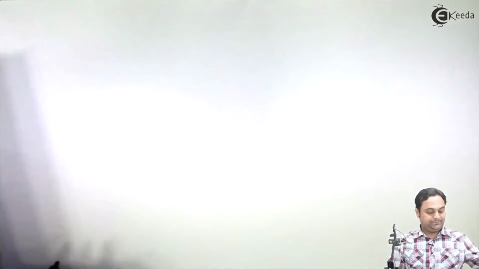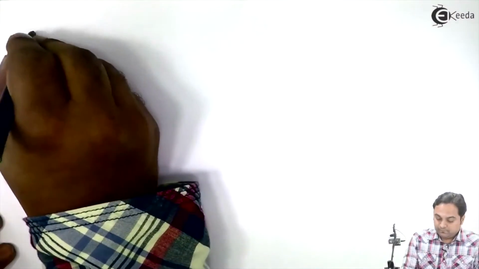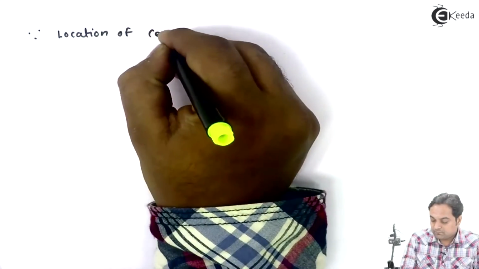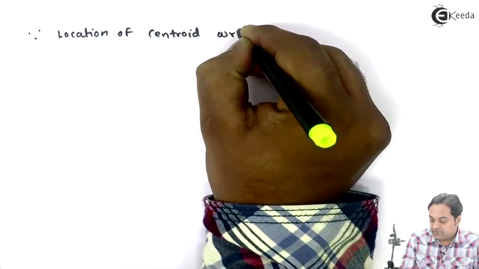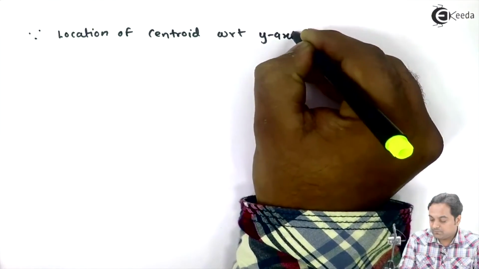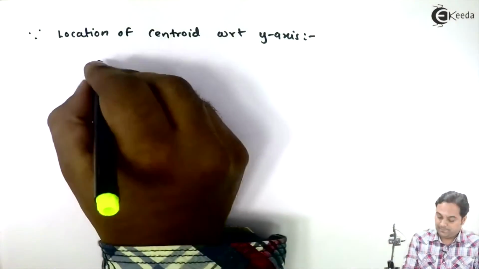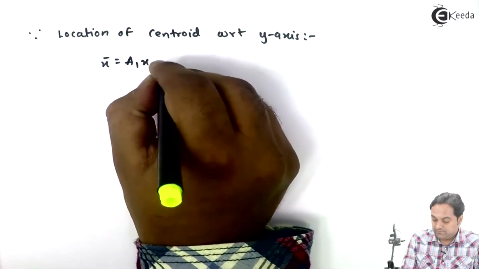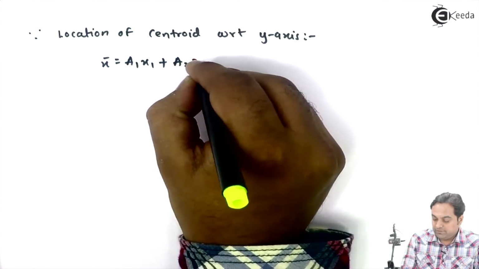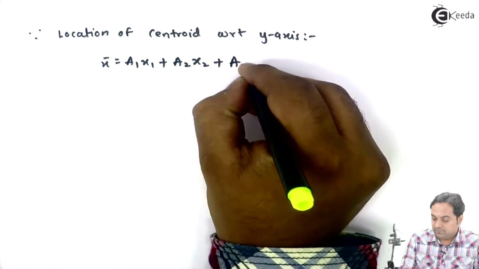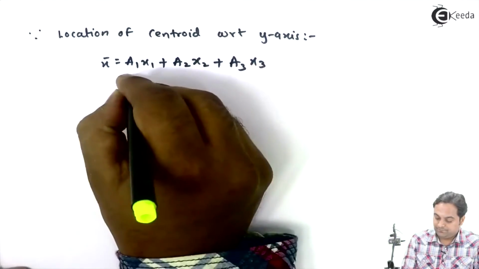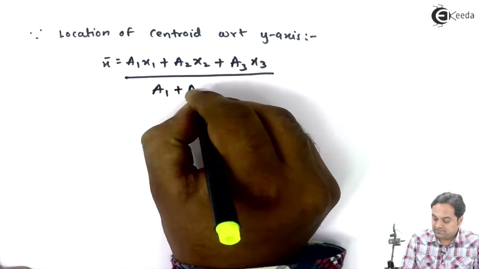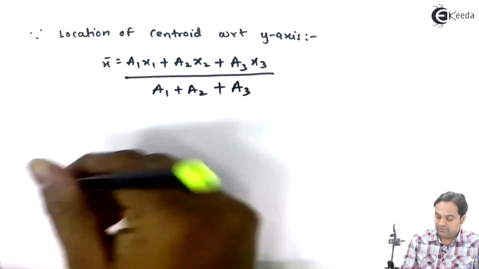Once I have all the values, I can easily go for the calculation of centroid. The location of centroid with respect to y-axis is given by x bar equal to a1x1 plus a2x2 plus a3x3 upon a1 plus a2 plus a3.